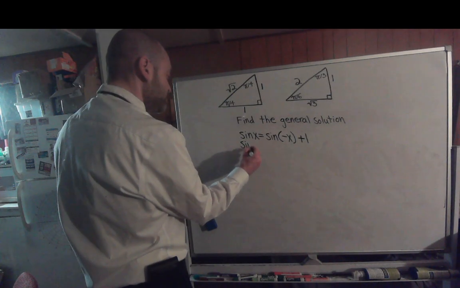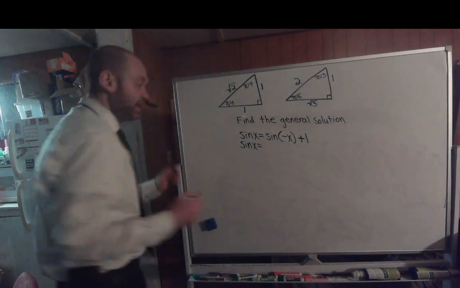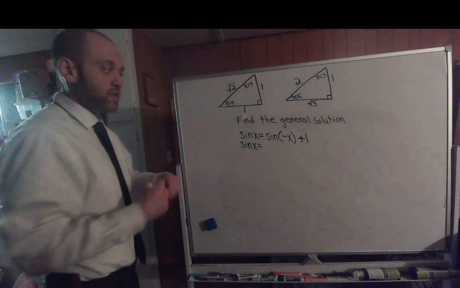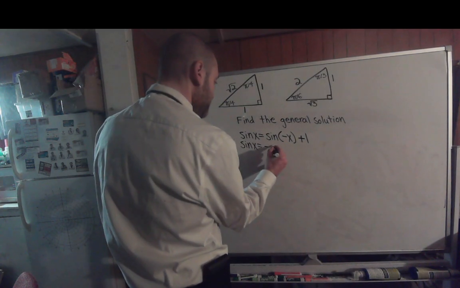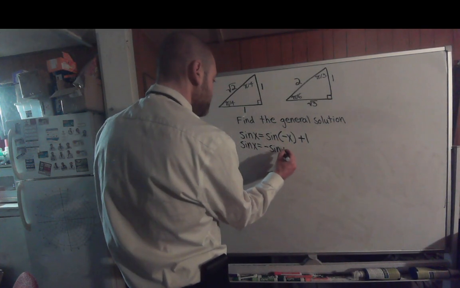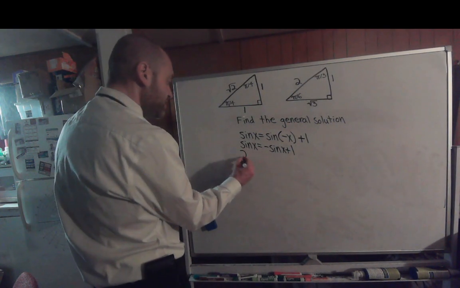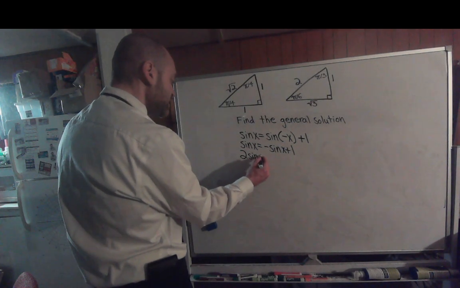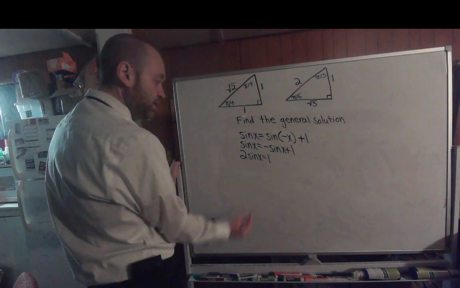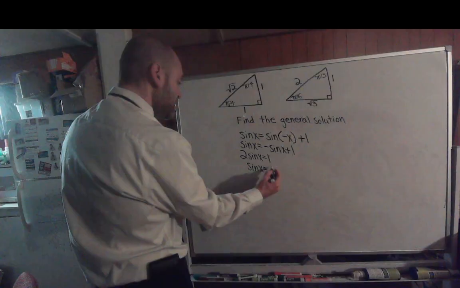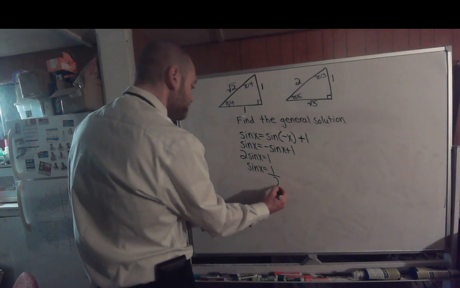So the left side you still have the sine of x, but on the right hand side that sine of negative x, sine's an odd function, so this would turn into the negative of the sine of x plus 1. If we simplify further, you could end up getting 2 sine of x equals 1, which would give you that the sine of x equals 1/2.